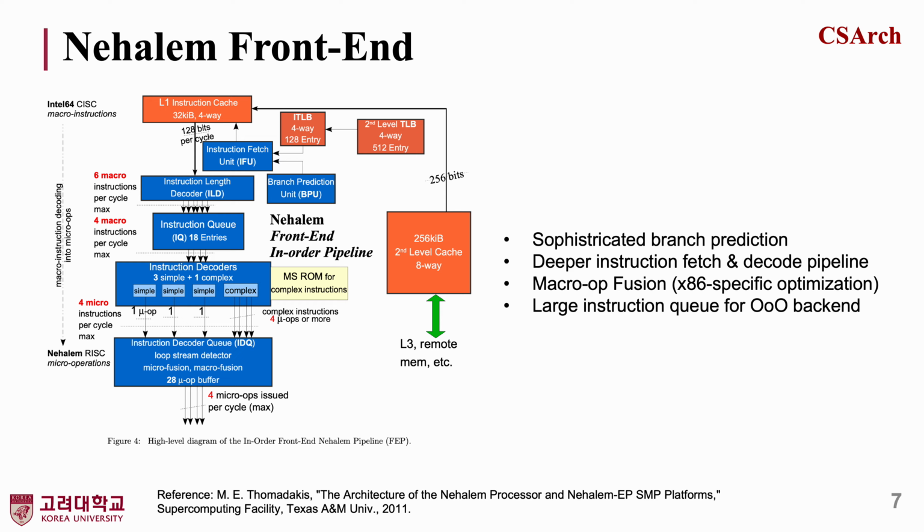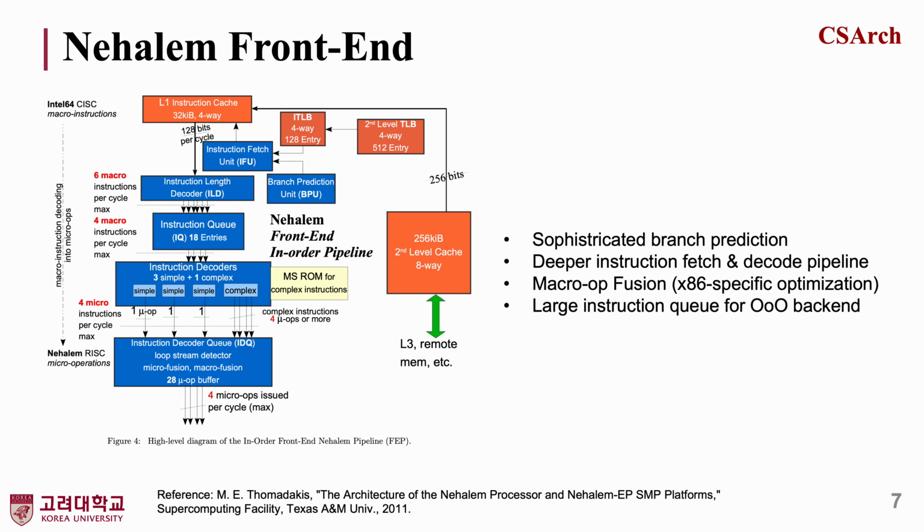Up to 6 micro-instructions can be fetched per cycle, but only 4 move into the instruction queue. The decoders are split into 3 simple and 1 complex. Together, they can produce up to 4 micro-ops each cycle. Nehalem also introduced micro-op fusion.